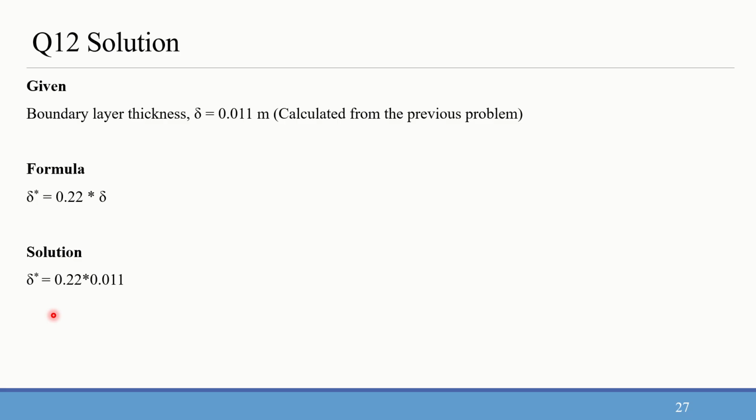I'll confirm the number actually. Delta star is equal to 0.33 times delta or 0.22 times delta.